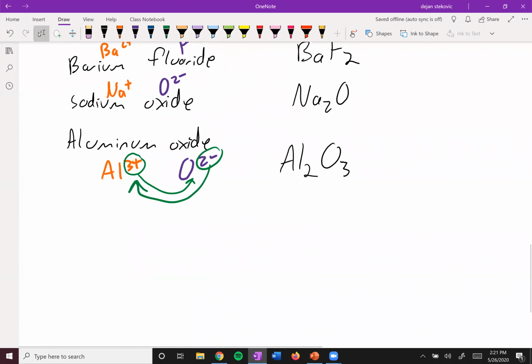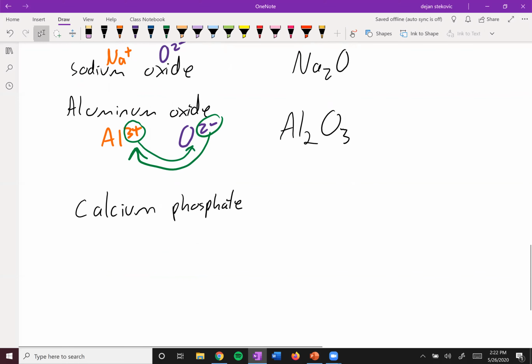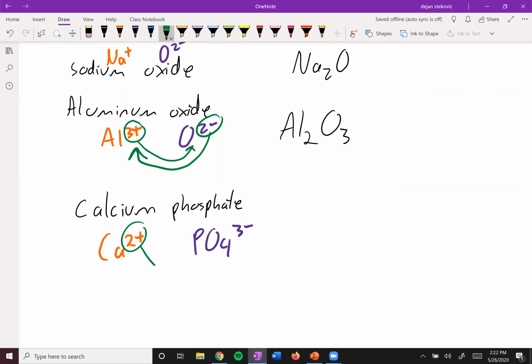Let's just do one more of these examples. Calcium phosphate. Go ahead, try the trick and figure it out. All right, so hopefully you paused the video. Calcium is 2+, phosphate is PO4 3-, and so we can just move the charge into the subscript.